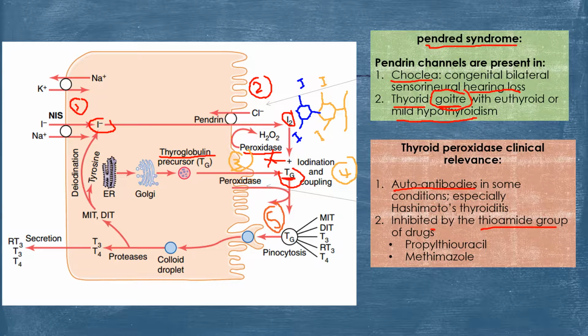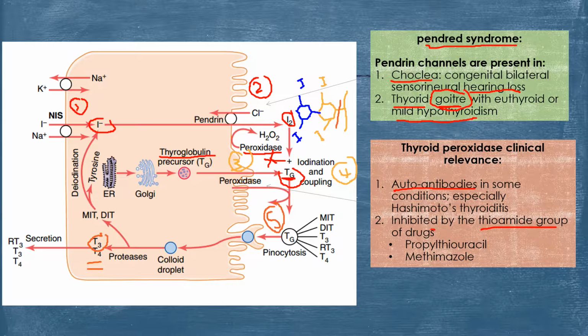The function of these proteases is to cleave the iodinated tyrosine residues from the thyroglobulin, and some will form T3 and others will form T4.